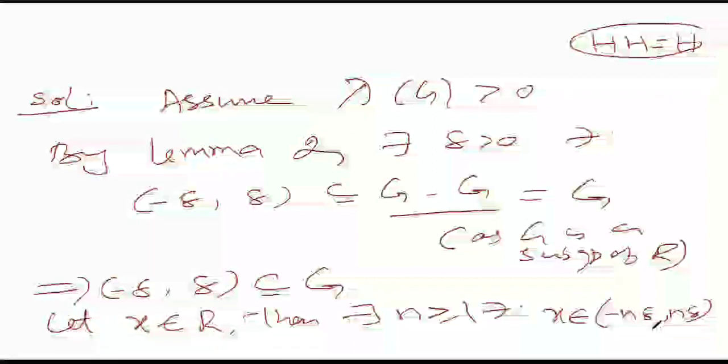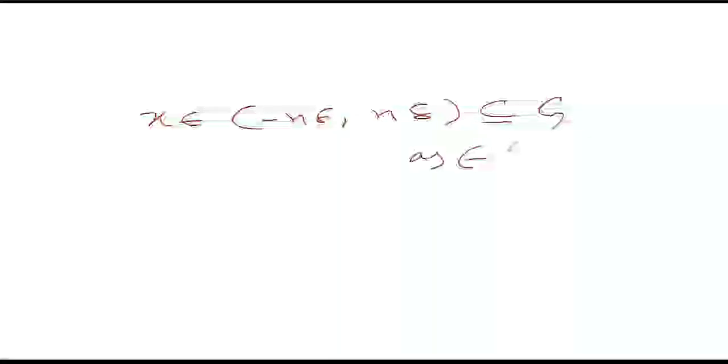So this x is in (minus n delta, plus n delta), and this is a subset of G as (minus delta, plus delta) is a subset of G. So how is it a subset of G actually? This uses the additive nature, because G is a group under addition.